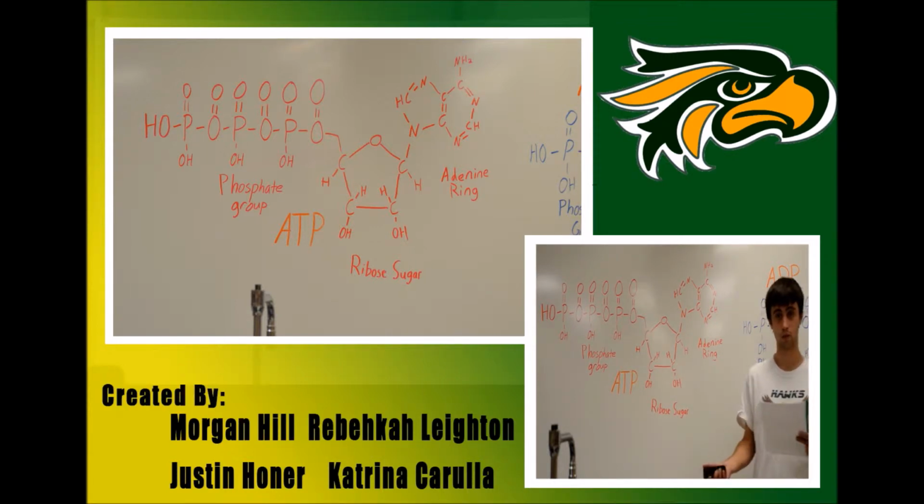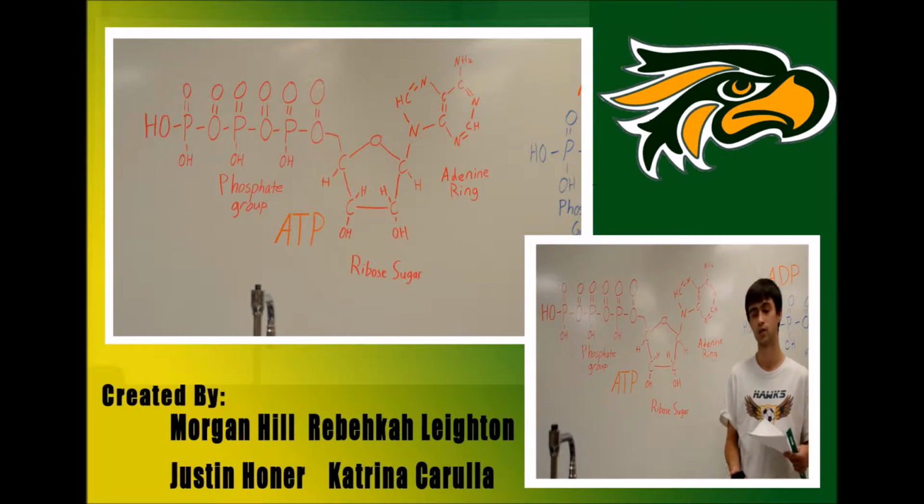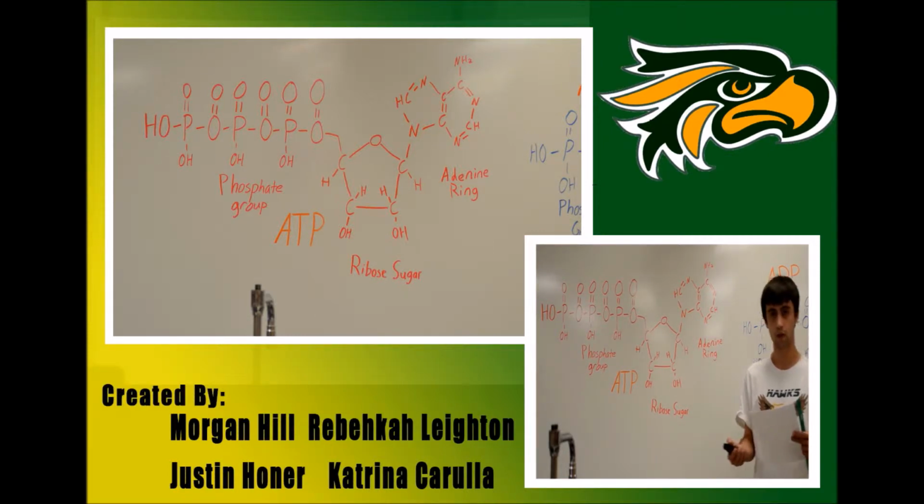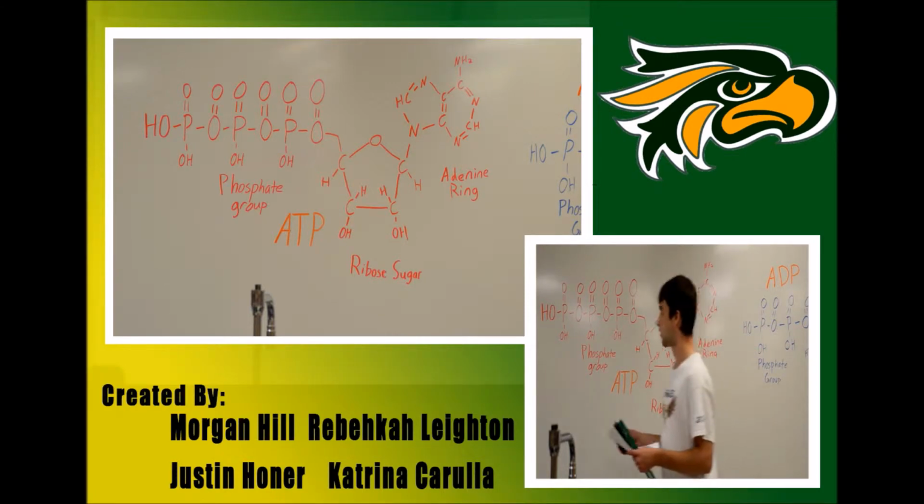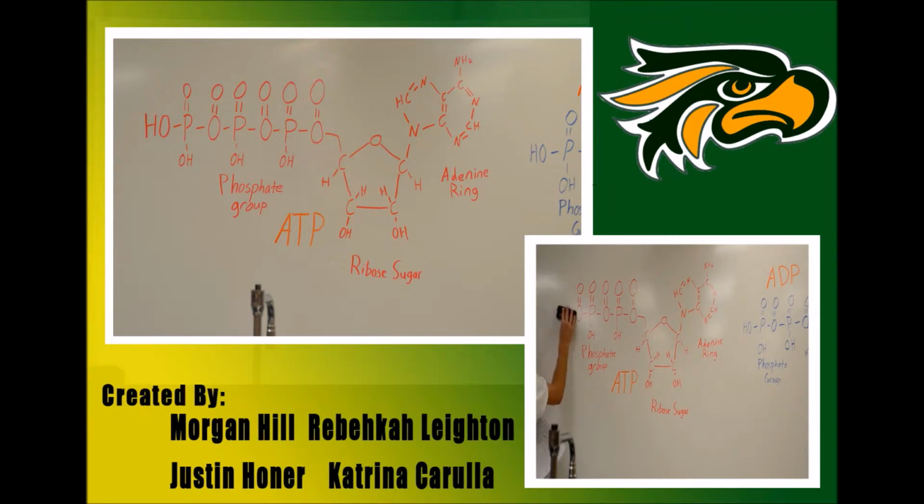Since I mentioned before, ATP cannot be stored because of its high potential energy, so it needs to be converted into a molecule called ADP. It does this by having this break off, and it loses a phosphate group, and a hydrogen is added on.